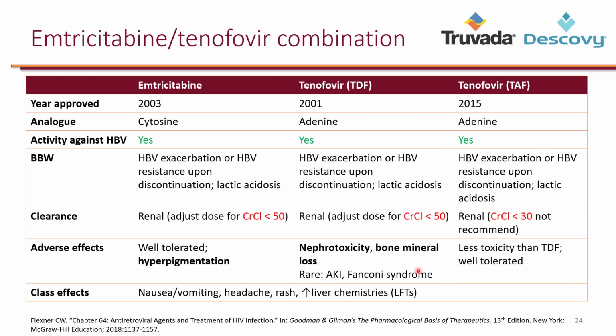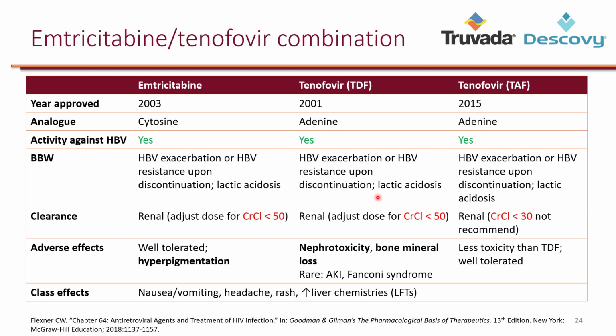Now, when it comes to the other combinations for the backbone, we have either Truvada or Descovy. Truvada was there first, which is a combination of Emtricitabine and tenofovir disoproxil fumarate. Both of these combinations cover hepatitis B, and of course they still have the lactic acidosis black box warning, which all NRTIs do.